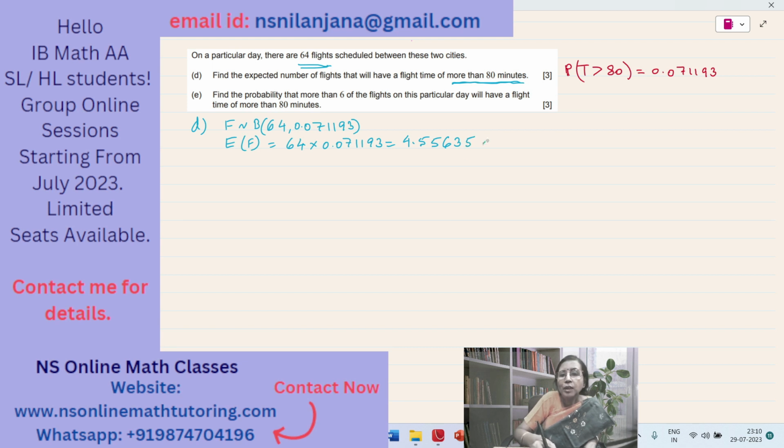So up to 3 significant figures, it will be 4.56 flights.